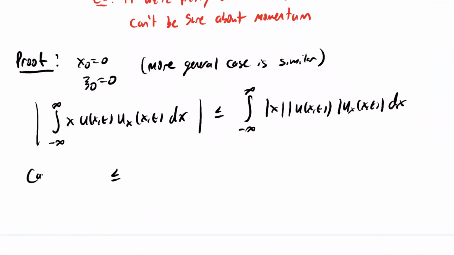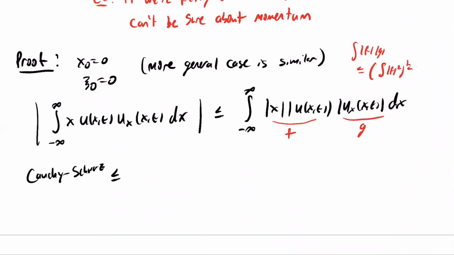And so by the Cauchy-Schwarz inequality, which we proved on an earlier homework assignment, we proved it on a finite interval, but the proof is the same on an infinite interval. We're going to apply it with one of our functions f and another function g. Cauchy-Schwarz says that the integral of f times g is less than or equal to the integral of f squared to the 1/2 times the integral of g squared to the 1/2.